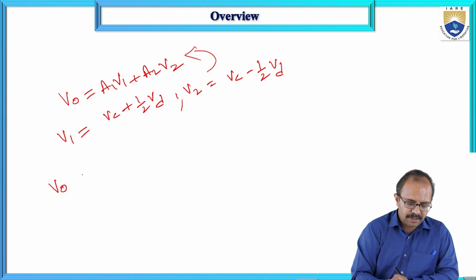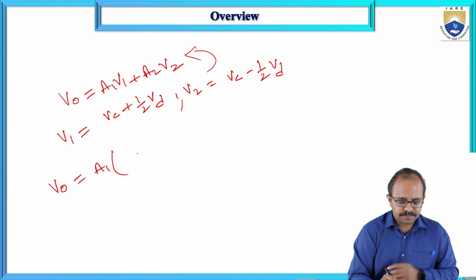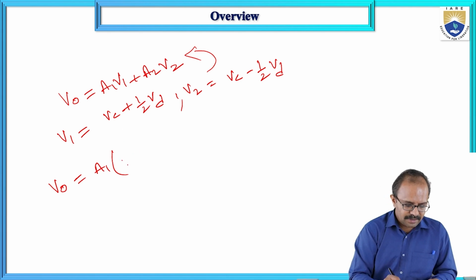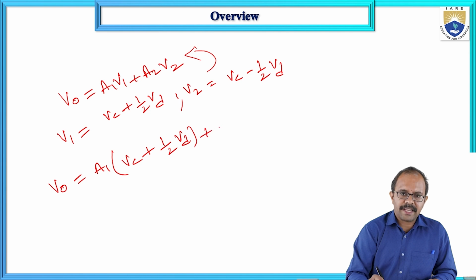So what will happen here? V0 is equal to A1 into Vc plus 1 by 2 into Vd, plus A2 into Vc minus 1 by 2 into Vd.